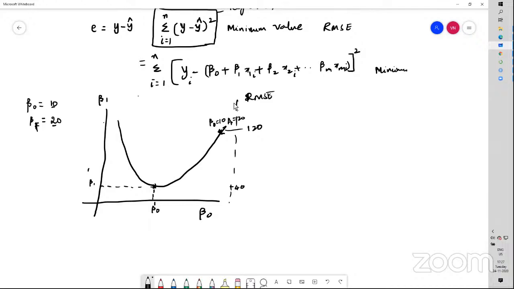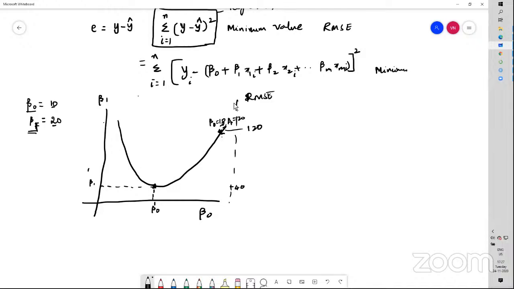Now we need to reach this particular point. Whether we have to increase the beta naught or decrease the beta naught, that's the question. If we increase the beta naught, let's say we are moving in this direction, that means RMSE is increasing.